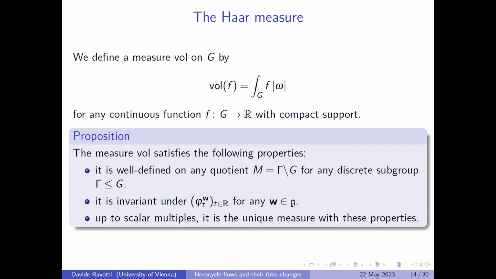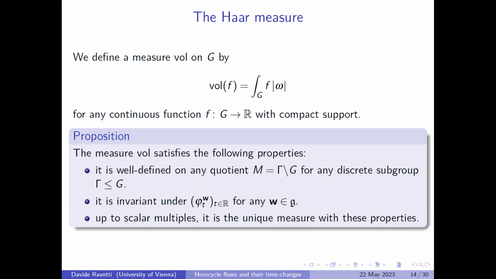Starting from the next lecture, of all these possible choices of flows, where you can choose any element here in little g, I will choose W to be the little u that we defined before, so the matrix 0, 1, 0, 0. So the horocycle flow will be the flow defined in this way by choosing W equal to U, so multiplication on the right by the matrix 1, t, 0, 1.